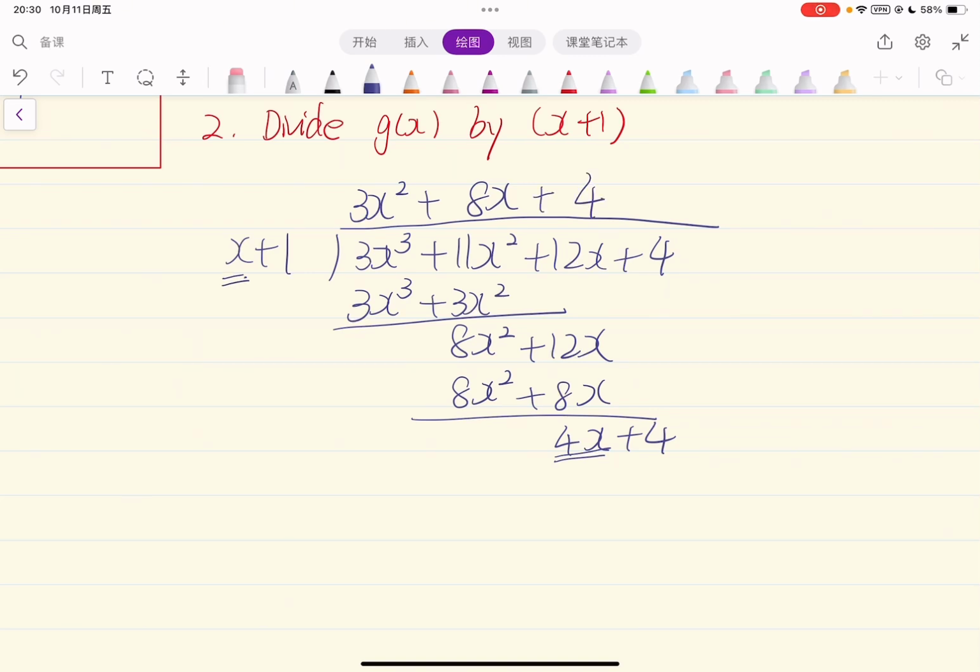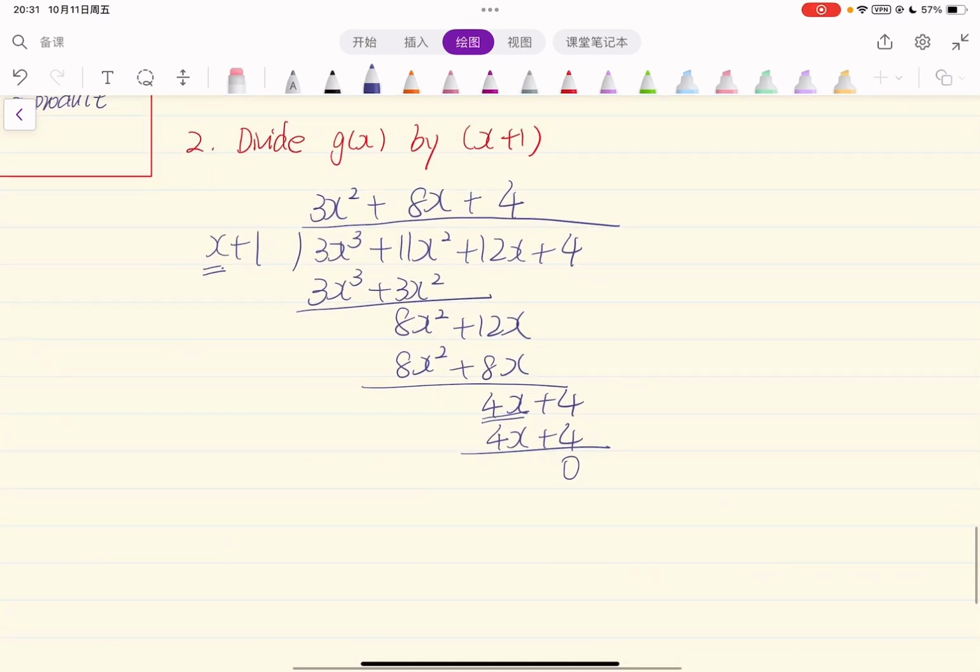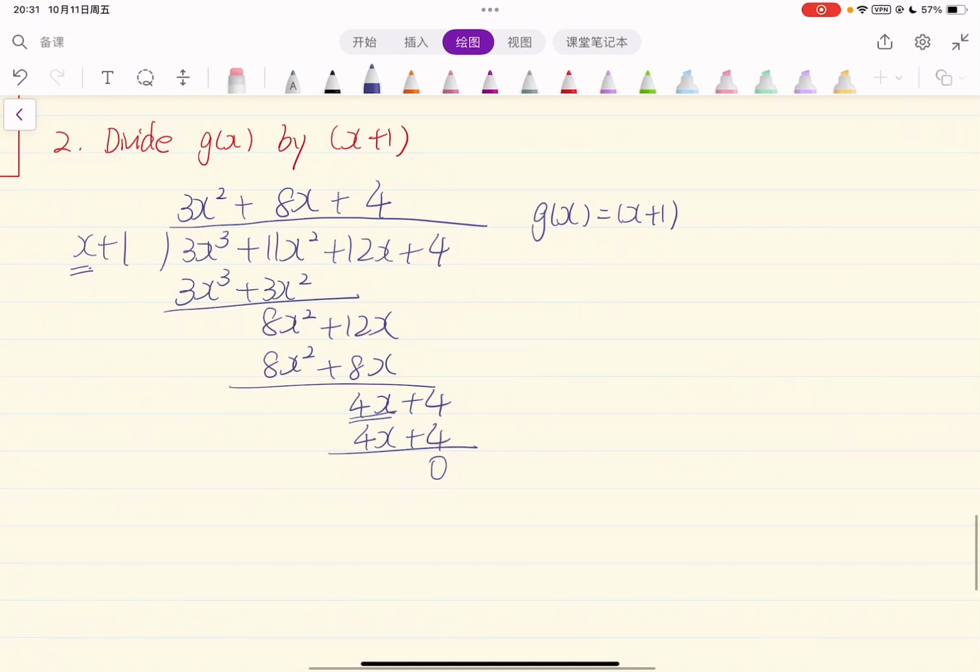So write down 4. Then 4 times x plus 1 gives 4x plus 4, and the remainder is 0. So we have that g(x) equals x plus 1 times 3x squared plus 8x plus 4.